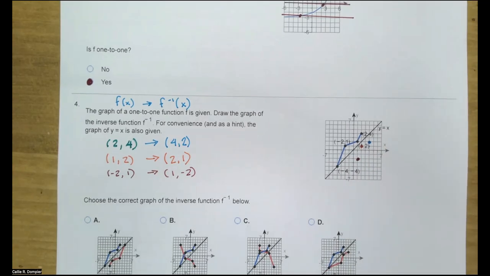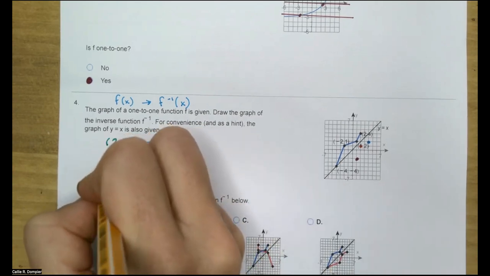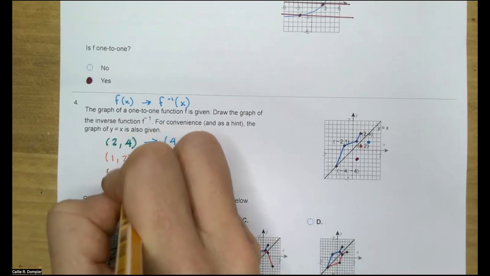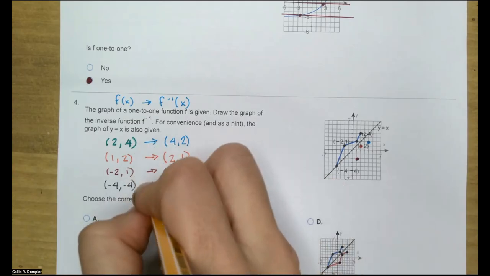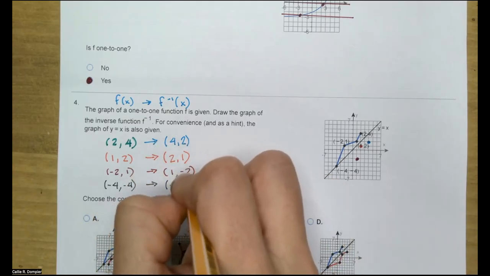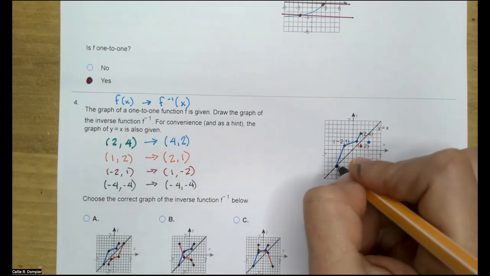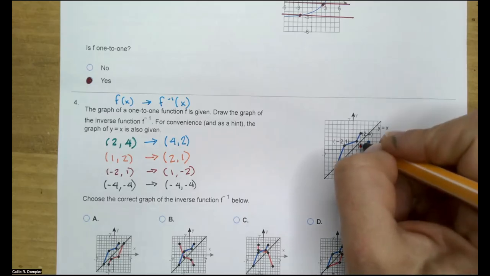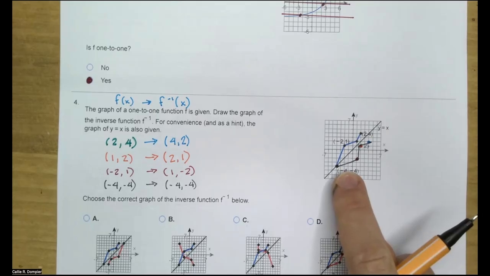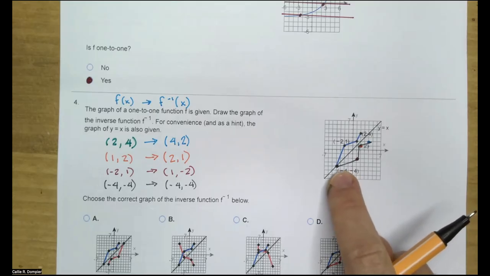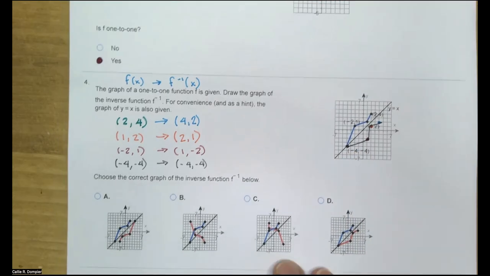And finally, -4, -4. I'm going to flip the x and the y, but the x and the y are the same, so it's actually going to remain -4, -4. And then you can just connect those dots. And that is the graph of the inverse of the function f of x.